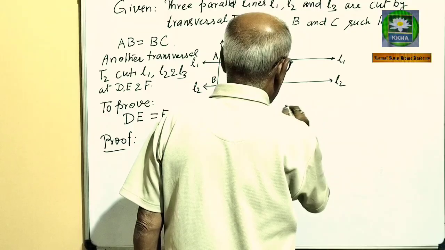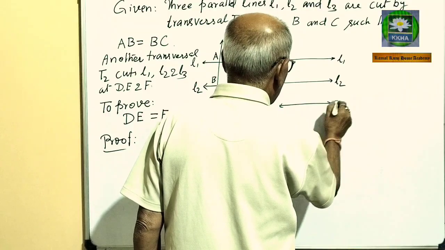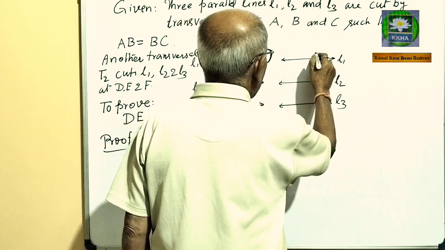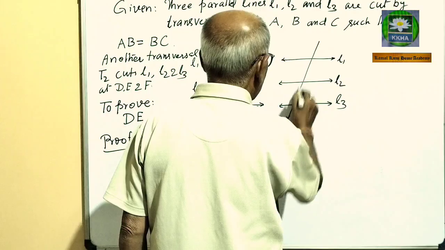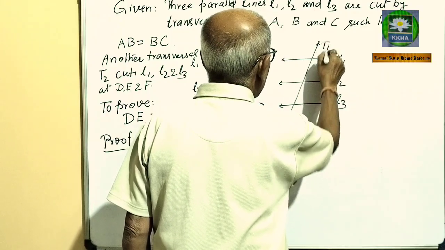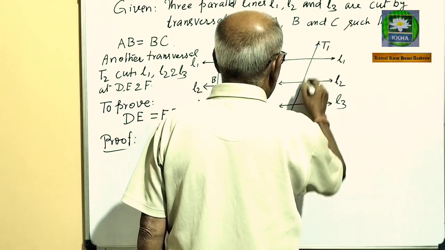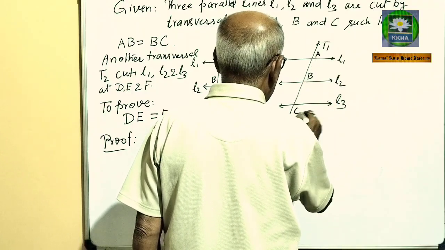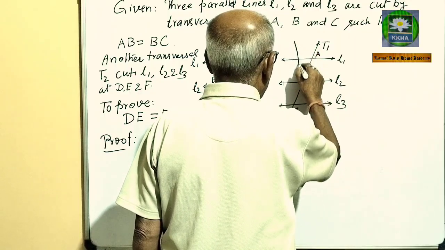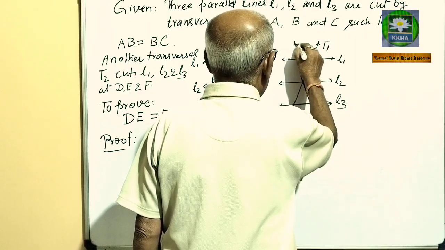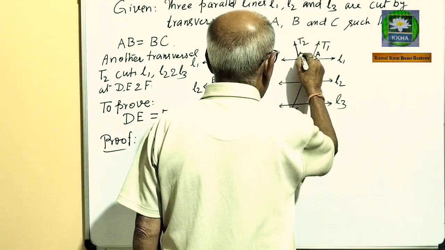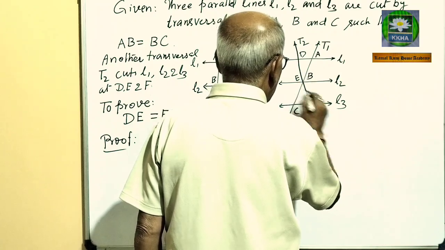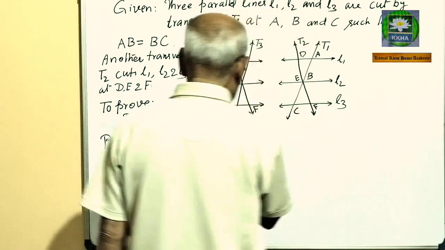L1, L2 and L3; T1 with A, B and C; T2 with D, E and F. This is the first possibility.